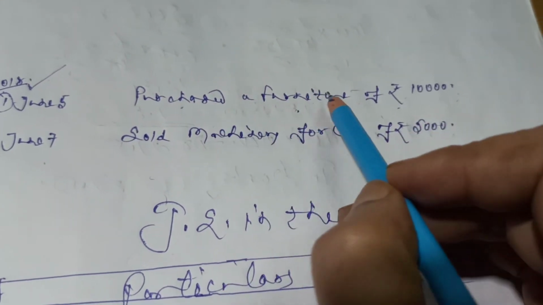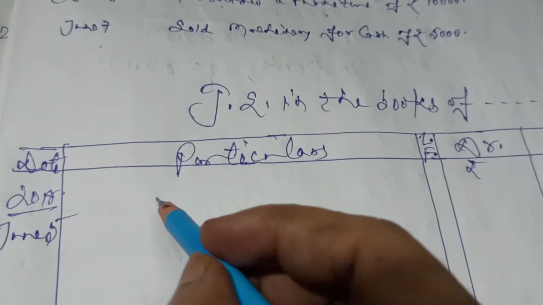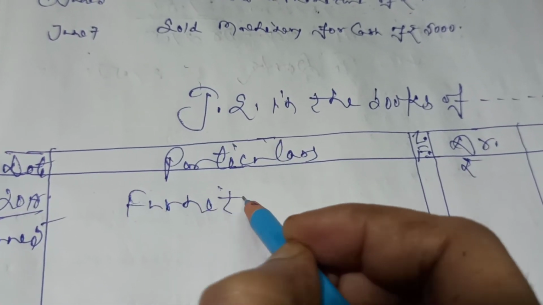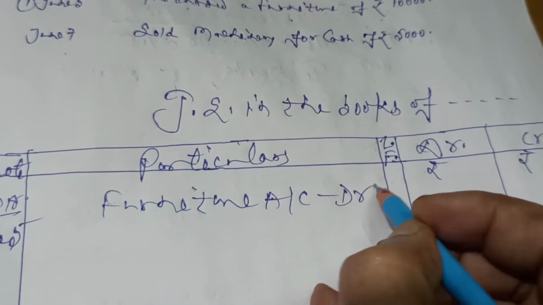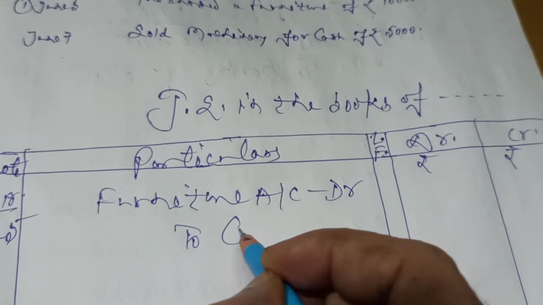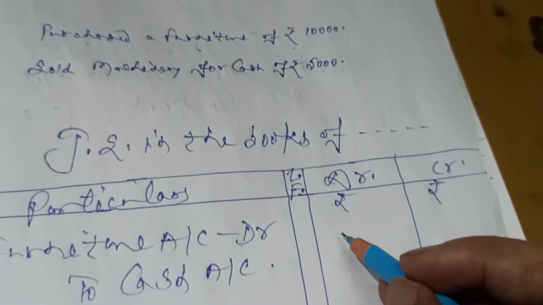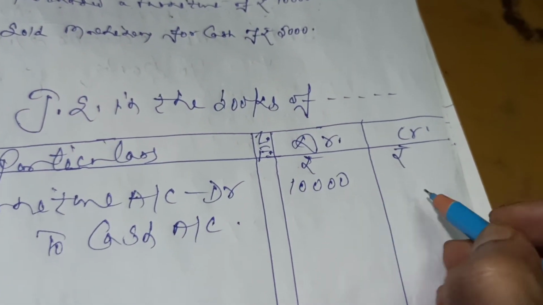It belongs to the real account format. Real account rule, you must have knowledge about that. That is, debit what comes in, so furniture is debited. And in this transaction what's going out? Simply you can see over here, cash. You have purchased, which means you have spent something, that is rupees 10,000.